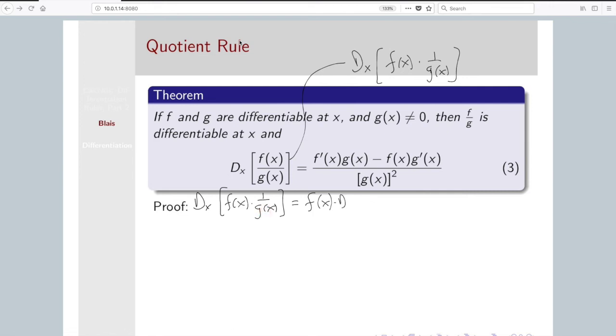Maybe we should be more explicit. So the derivative with respect to x of 1 over g of x, plus the second, 1 over g of x times the derivative of the first. And here is our reciprocal rule. So this term will be minus g prime of x over g of x squared.